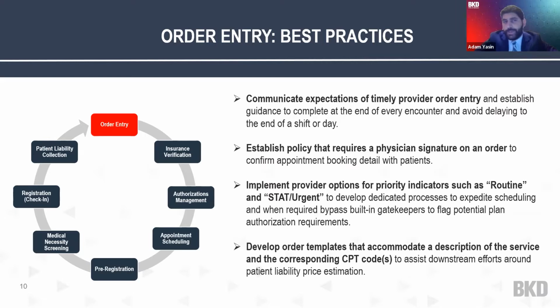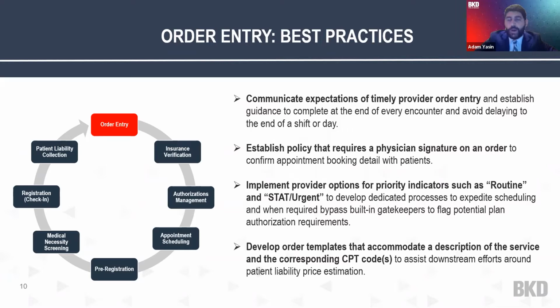The third item here on order entry is really a reference to priority. So you want to implement provider options for priority indicators on all of your orders. Quite simply, you need to be able to communicate to the hospital that the order I'm sending over is either routine or it is stat or urgent. And the reason why is because patient access really needs to treat both of these priorities in very different ways.